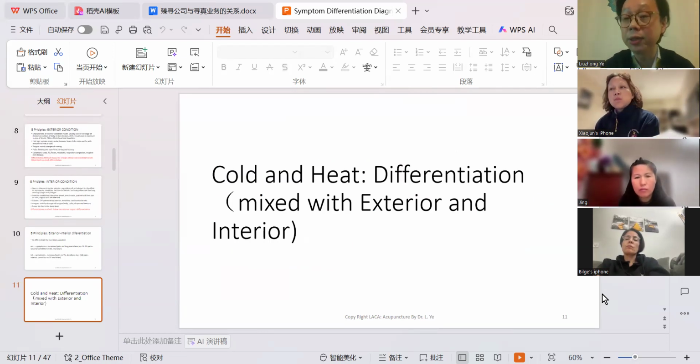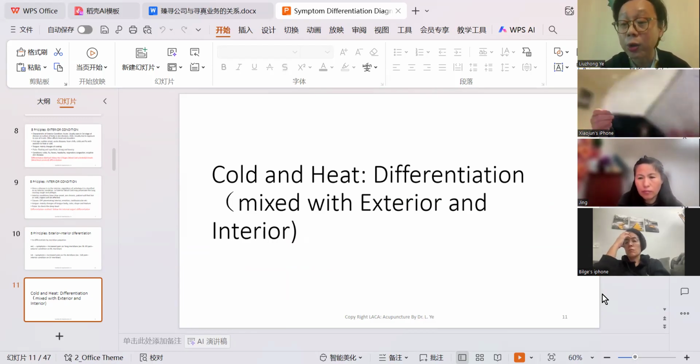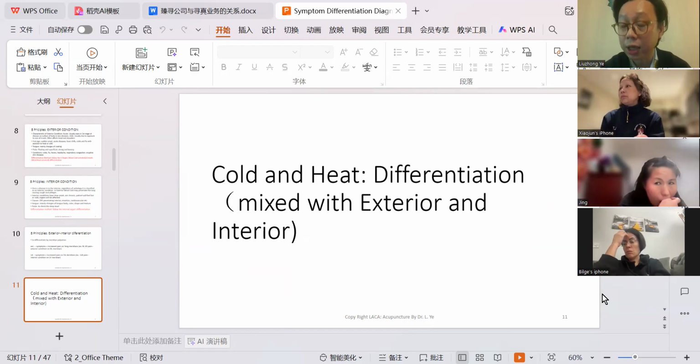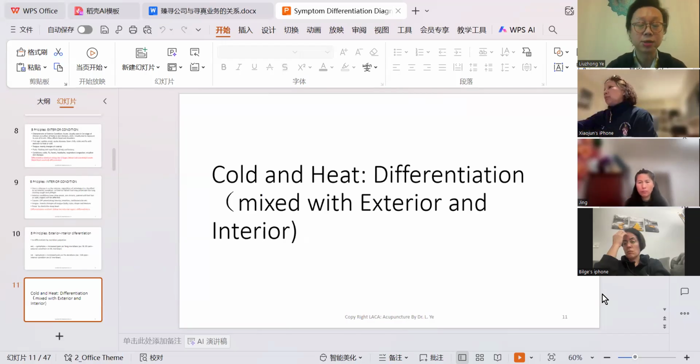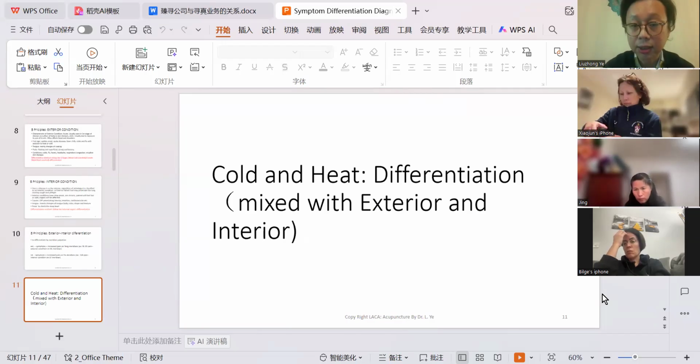Right, so that was about exterior and interior, and to summarize, it is to go to the yang meridian and yin meridian. They will give you the ideas. Yeah, the symptoms are good, but they are not good enough to give you the right and precise information for a proper differentiation diagnosis. And cold and heat especially need to be mixed with exterior and interior.